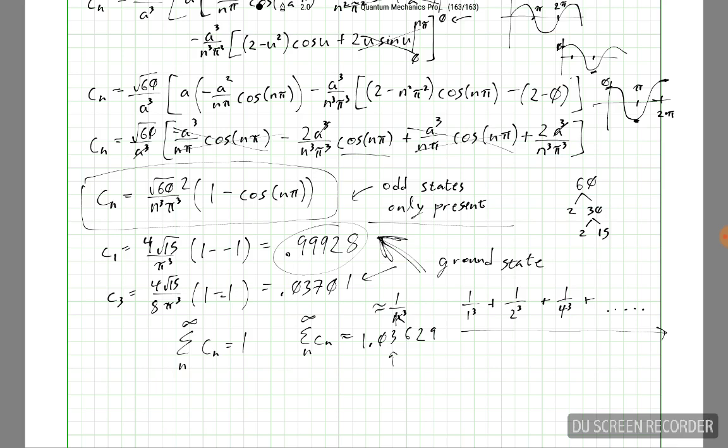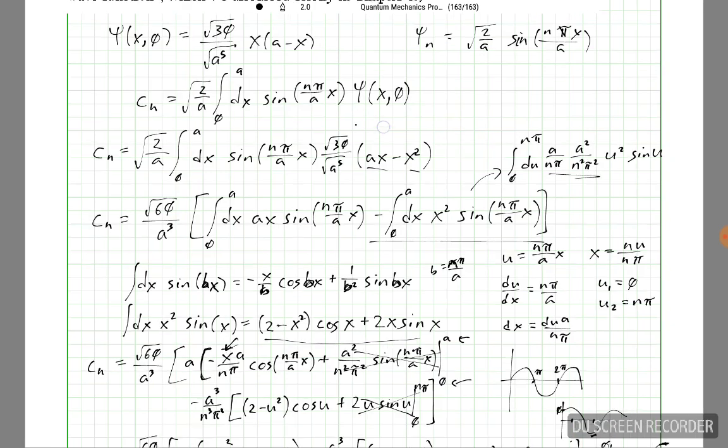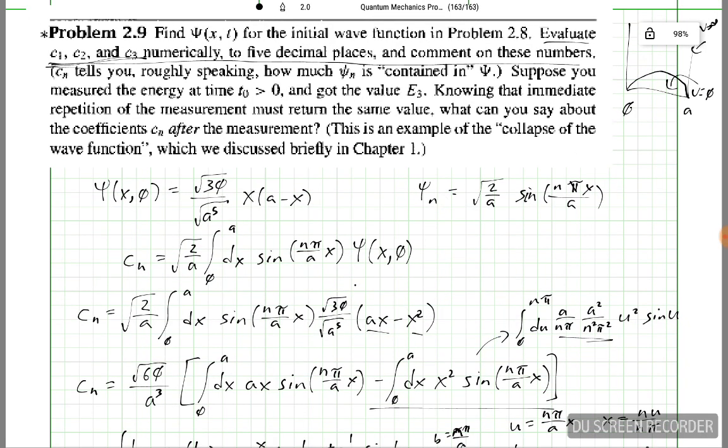So the next part of the question, it asks, it's kind of fun, knowing that immediate repetition of the measurement must return the same value, what can you say about the coefficients after the measurement?